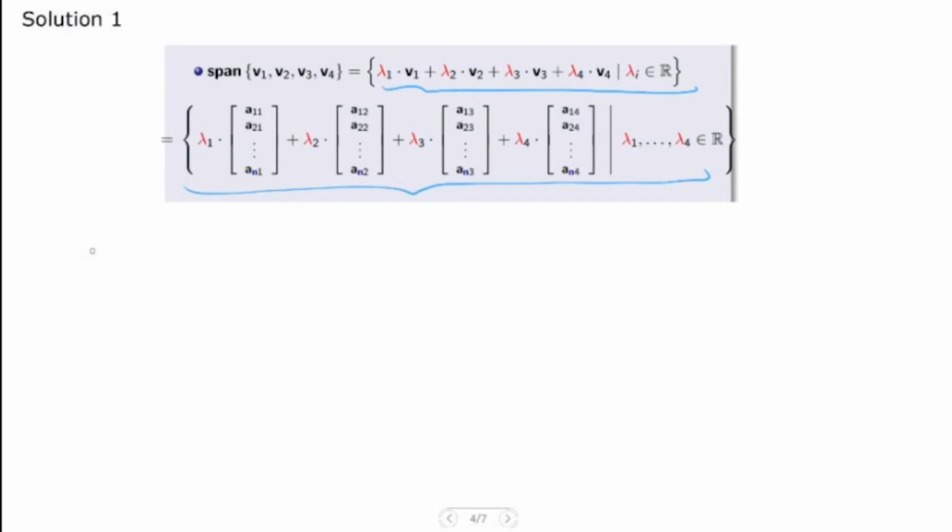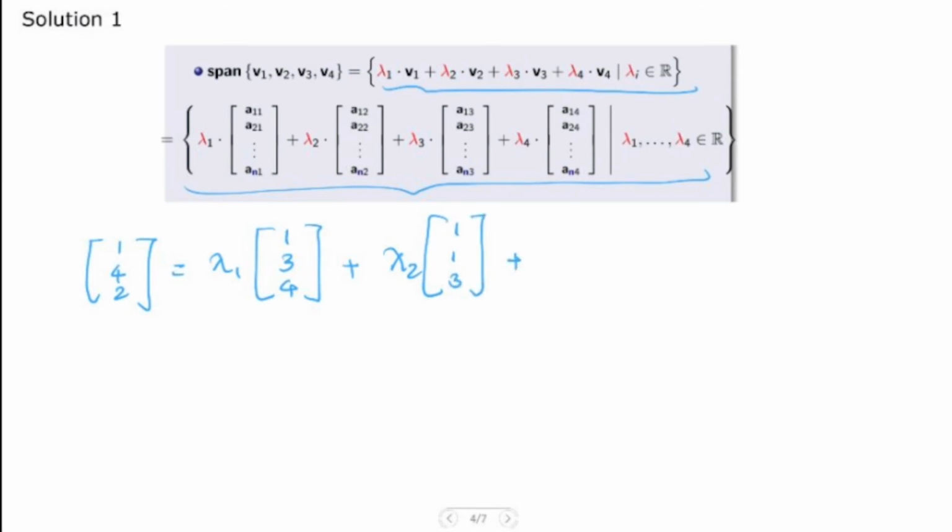So if it is, then the vector 1, 4, 2 will be equal to lambda 1 times the vector 1, 3, 4, plus lambda 2 times the vector 1, 1, 3, plus lambda 3 times the vector 1, 4, 0, plus lambda 4 times the vector 1, 6, 1.